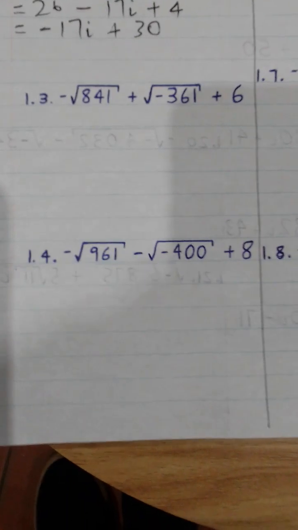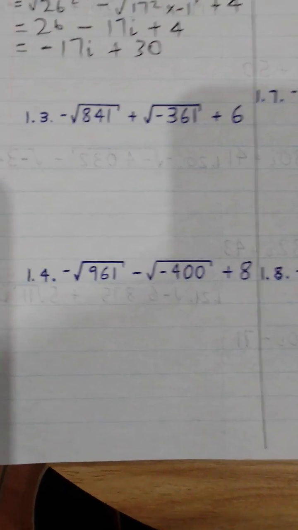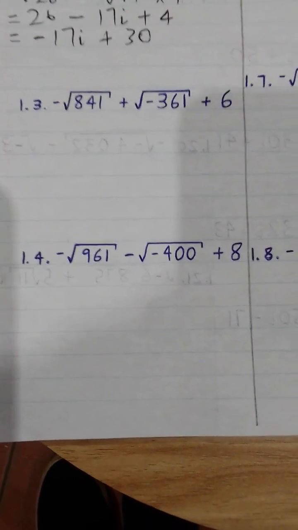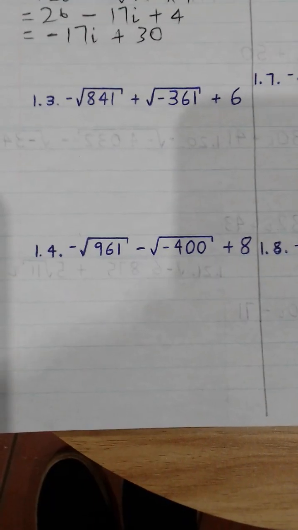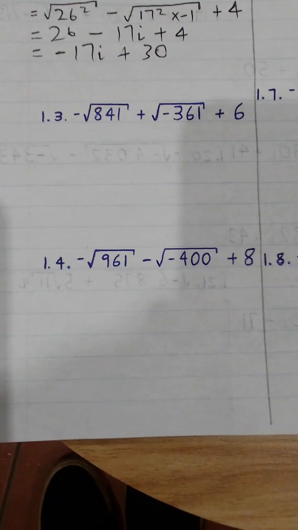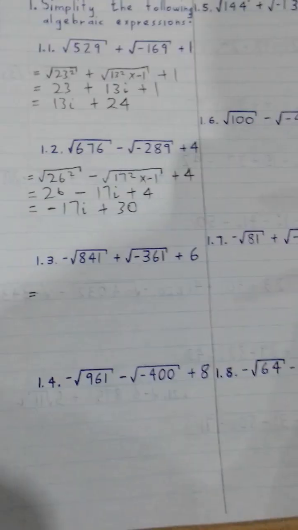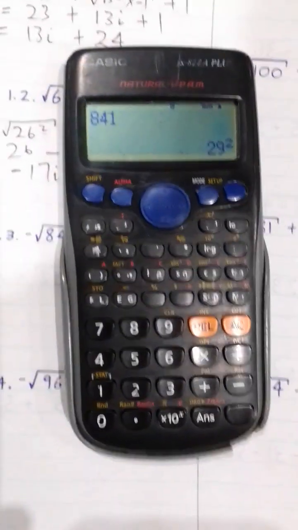1.3 negative square root of 841 plus the square root of negative 361 plus 6. Once again, this is going to be 841, 29 squared.